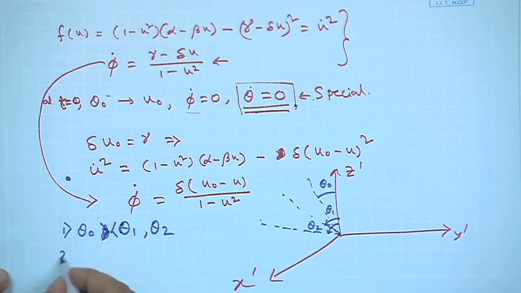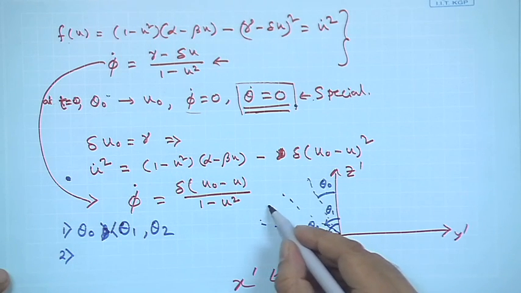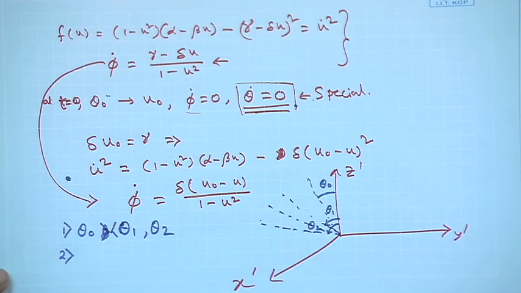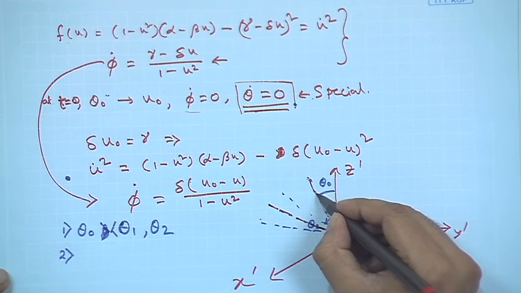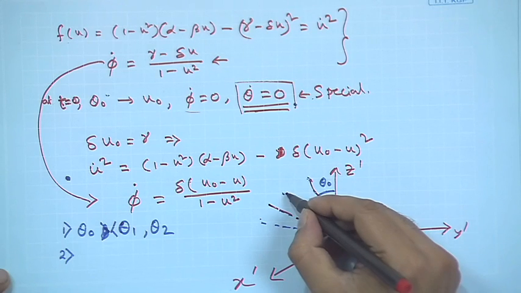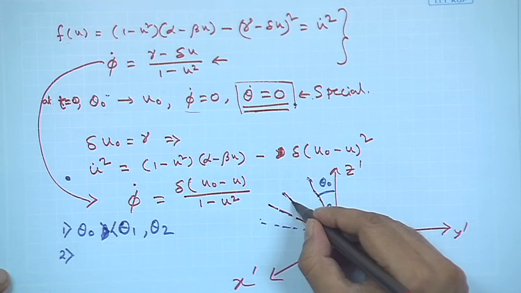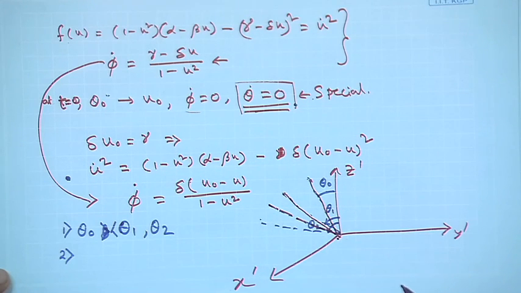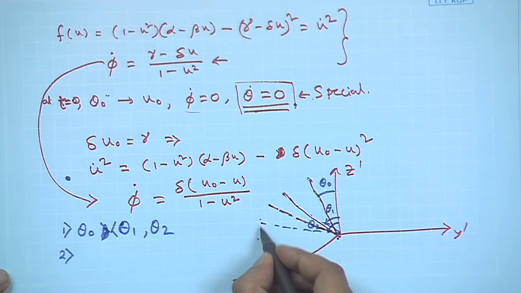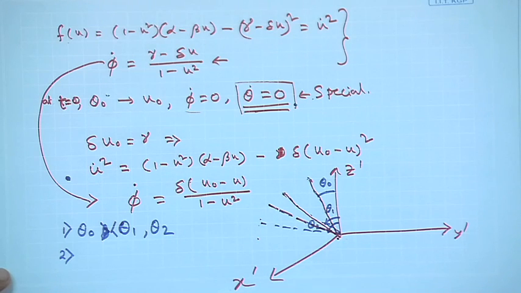We can have a case where theta 0 is in between theta 1 and theta 2. It can be equal to the upper bound, theta 1, but if it is equal to theta 2 and starts falling from here, or if it is less or greater than theta 2 and starts falling from there, then the top motion is not physically possible.